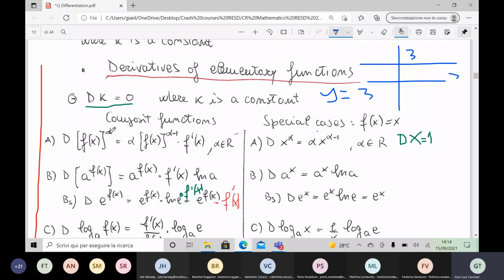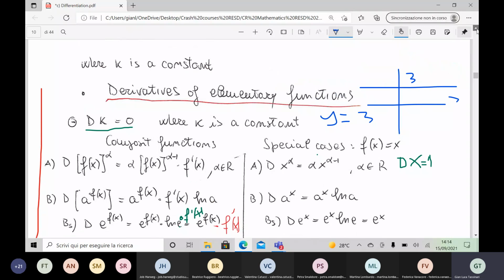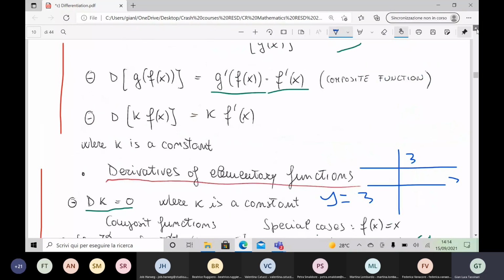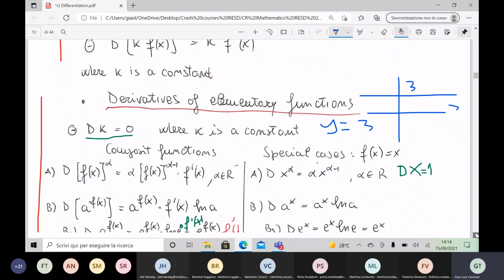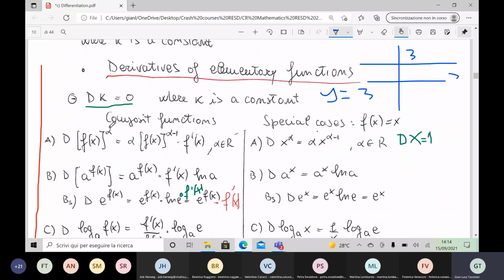So the general rule tells you that you have g prime, the derivative of the outer function evaluated at f of x. So look, g prime of f of x times f prime of x. The derivative, now I give you the rule, is alpha, copy alpha as a multiplicative constant, times f of x raised to the power alpha minus 1.